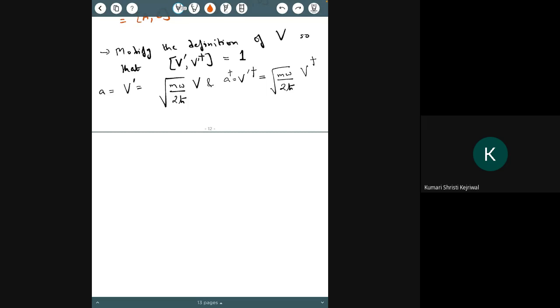So this is just a redefinition or multiplication with a constant. And then, therefore, we get two new operators where the commutator of A and A dagger is equal to 1. Now note that A is not Hermitian. A dagger A is Hermitian.